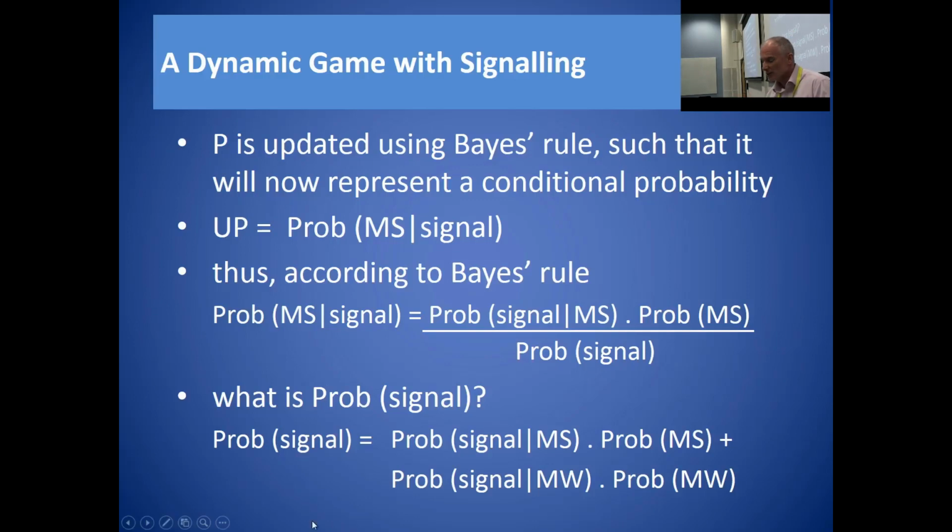In many ways, that's the same sort of idea as when we looked at expected payoffs. There's a certain probability that the signal will be sent if the monopolist is strong. There's a certain probability that the signal will be sent if the monopolist is weak. Well, these contingent probabilities are then just weighted by the probability of the monopolist being weak or strong. So that is what the probability of the signal being received is. So that bit on the bottom, we can replace it with those four terms there. That multiplied by that, plus that multiplied by that.